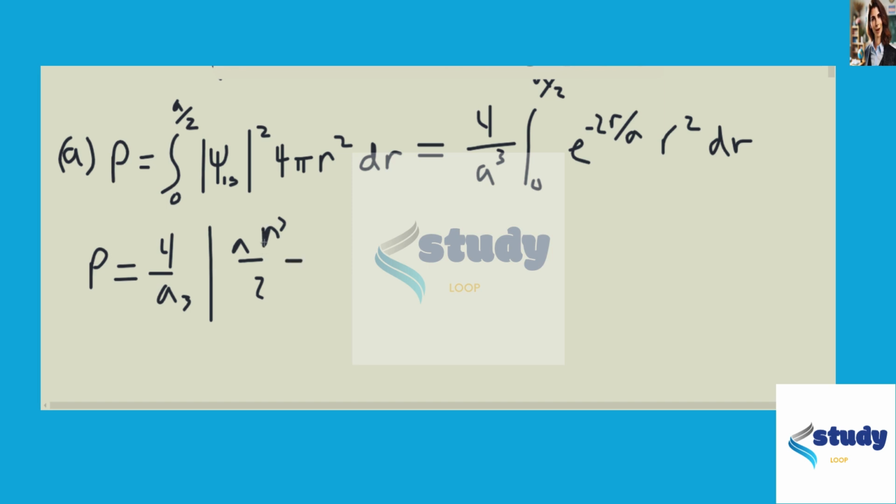So this is how I use the integration table. So we have a r squared over 2, minus a squared r over 2, minus a cubed over 3.